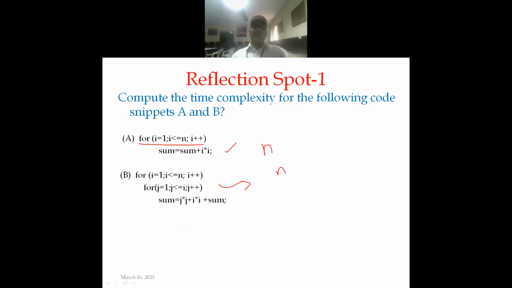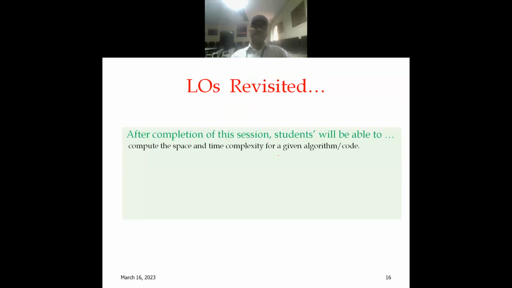So it may be taking it as n. If it is i, then this is called a dependent quadratic loop. Based on that, we are able to get n into n, we can get it as order of n square. Fine. So if you are not able to answer this, please go back to this video and listen to it to get this particular question clarified.